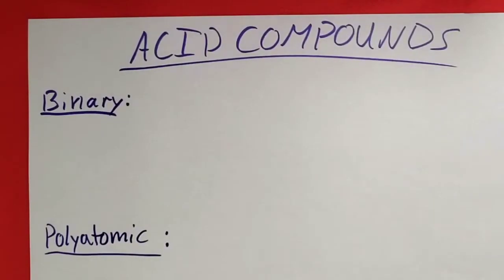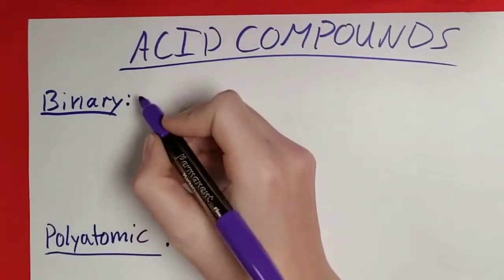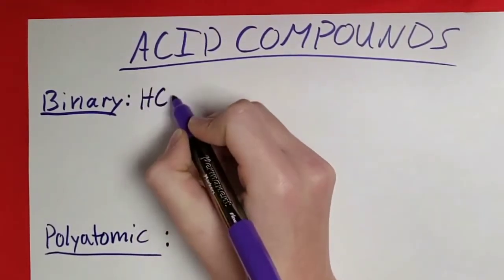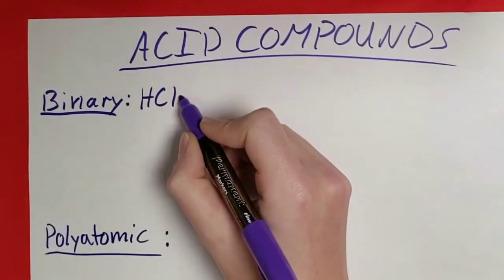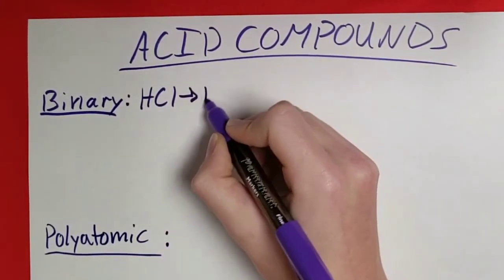The first acid compound we are going to be doing is a binary acid compound, HCl. HCl only has one element or atom of hydrogen and one atom of chlorine. To name this, we'll need to write the prefix hydro for the hydrogen atom.